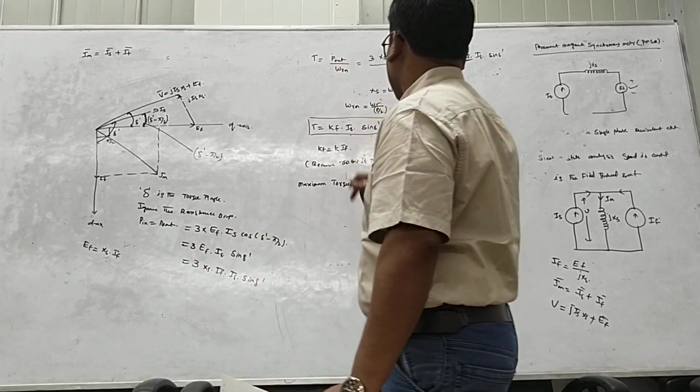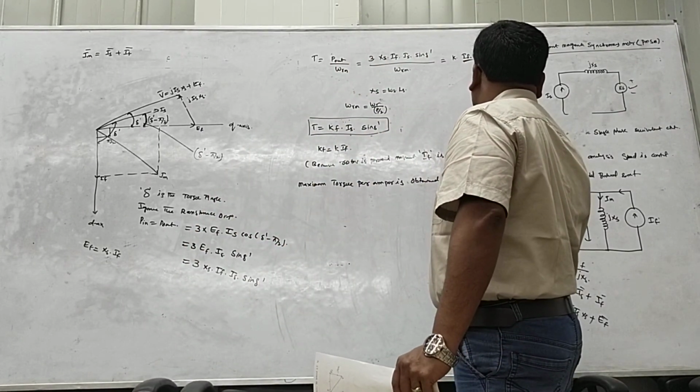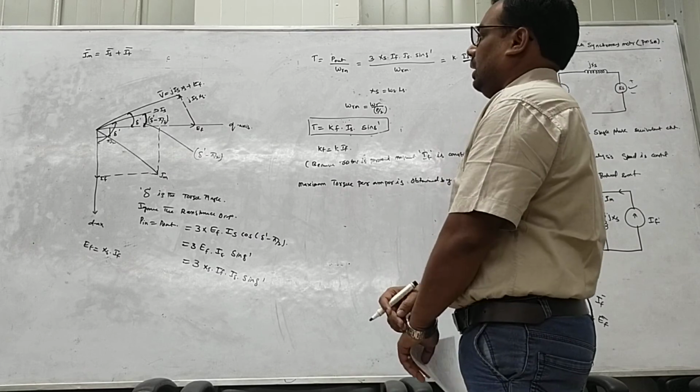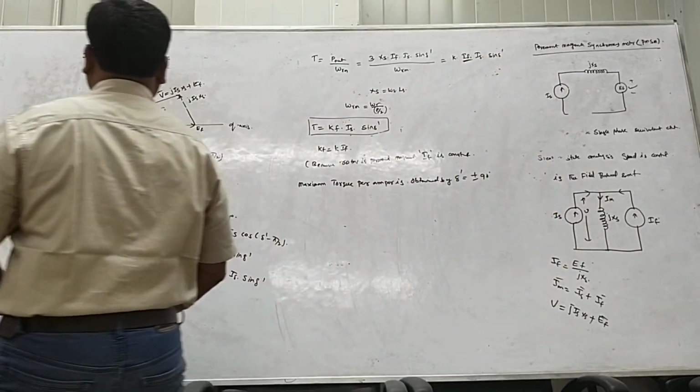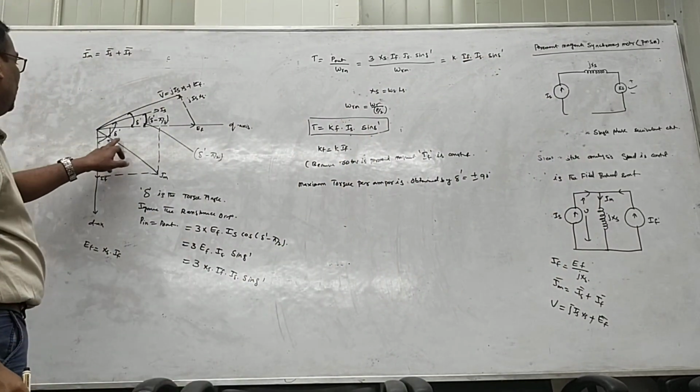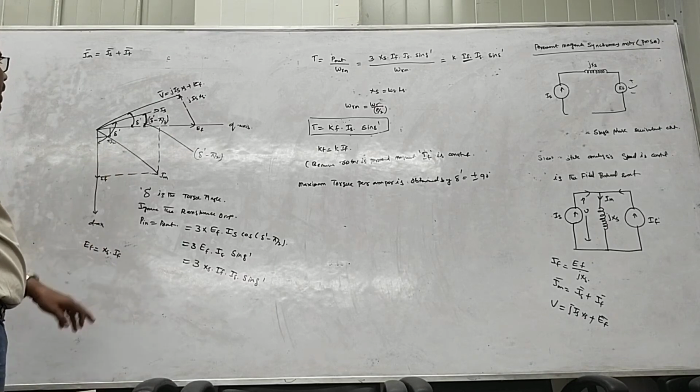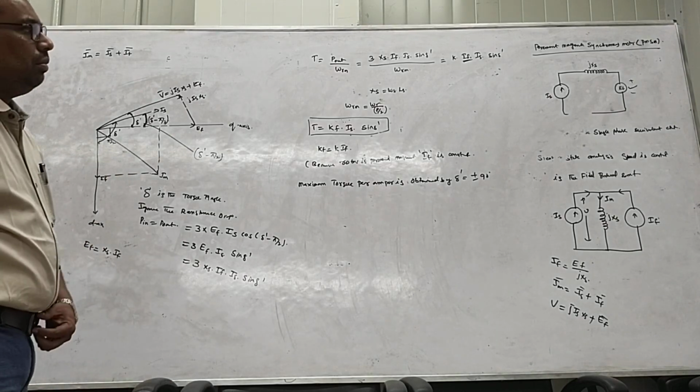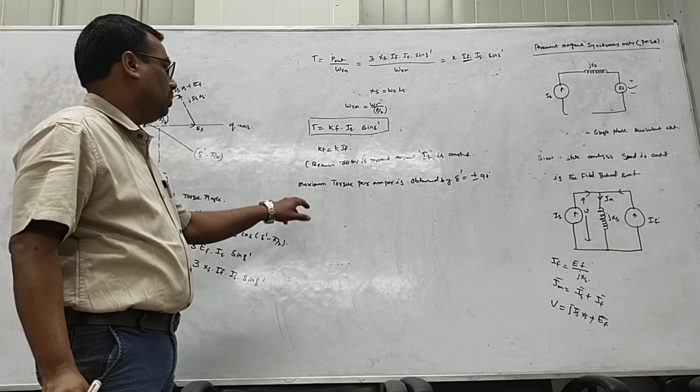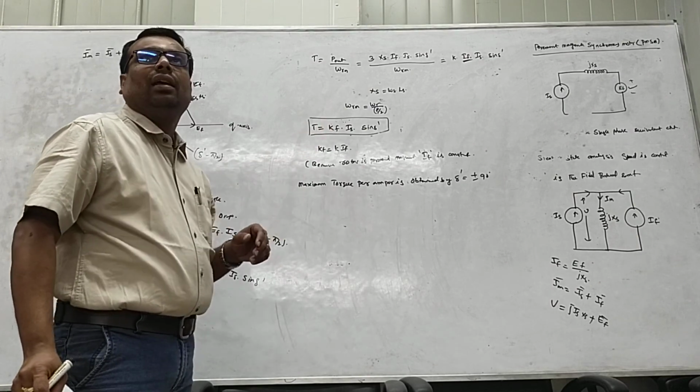So this delta prime is equal to plus or minus 90 degrees. If delta prime is maintained at plus or minus 90 degrees, then you will get the maximum torque here.